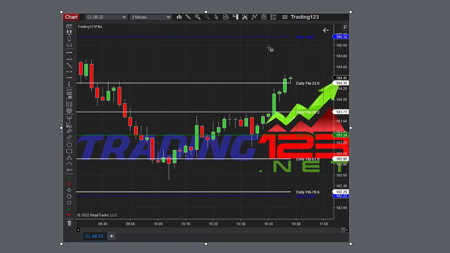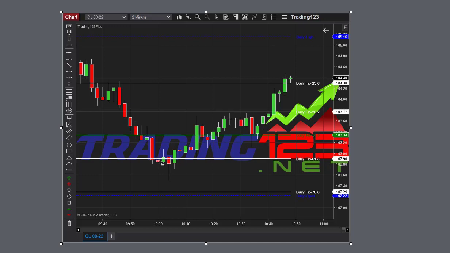And then we have the daily high and the daily open, which, with price above the daily open, is also a confirmation that the trend is up. So basically here, when the price loses a fib area, you would go short and you would target the first fib and the second fib.